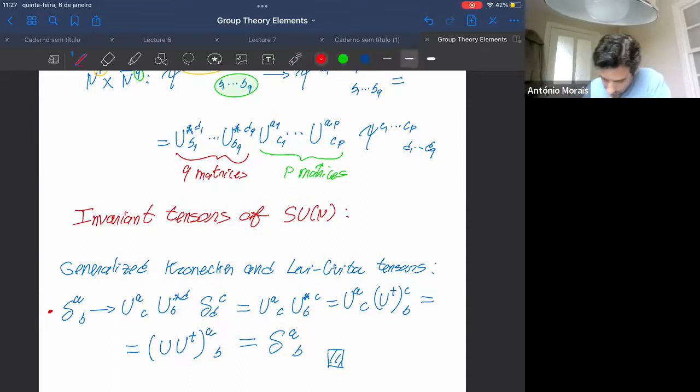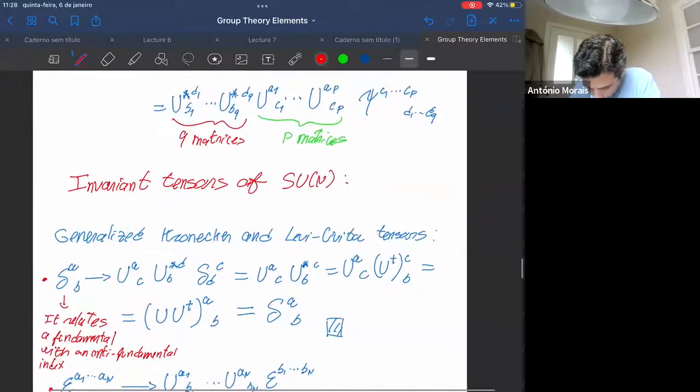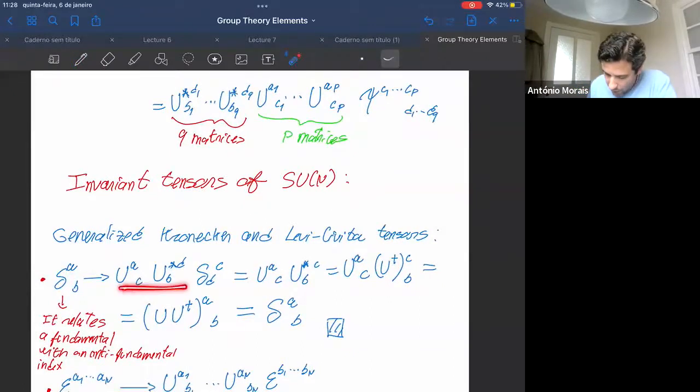I should write here that it relates a fundamental with an anti-fundamental index. This is just to make things more concrete. You know how this transforms from the above definitions.